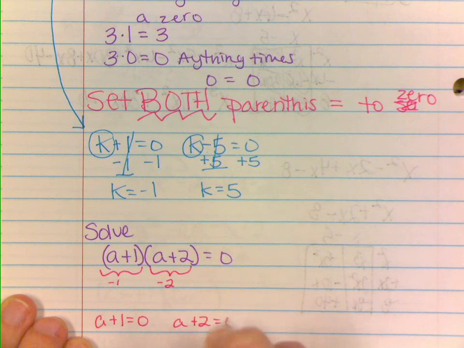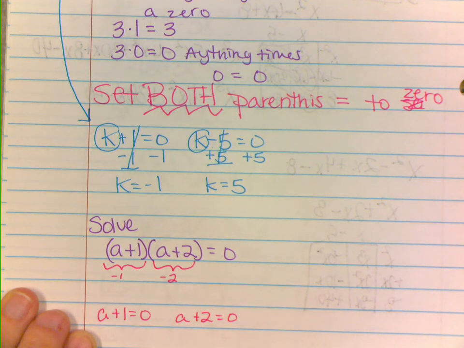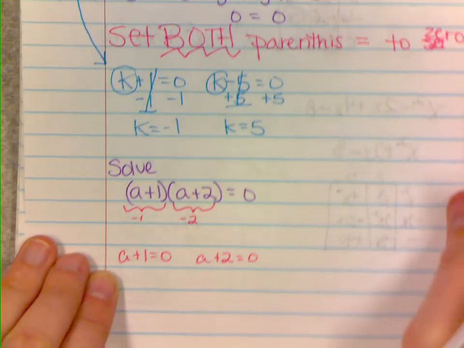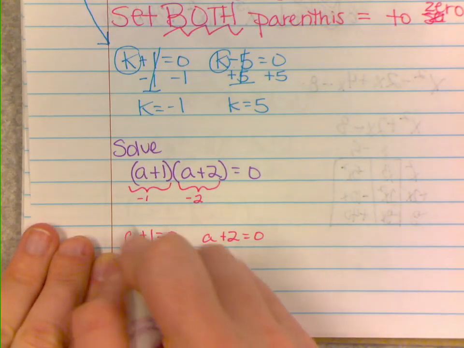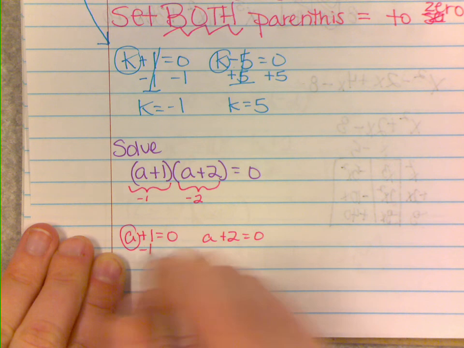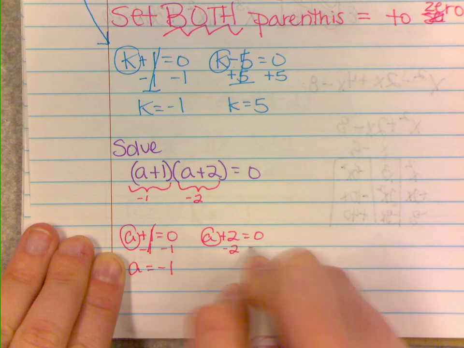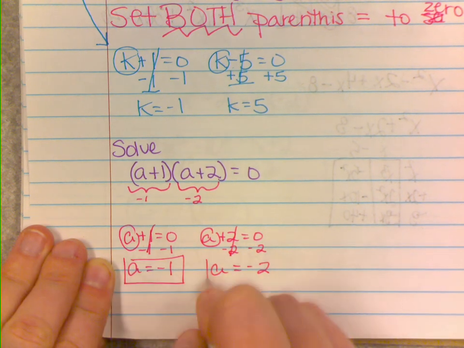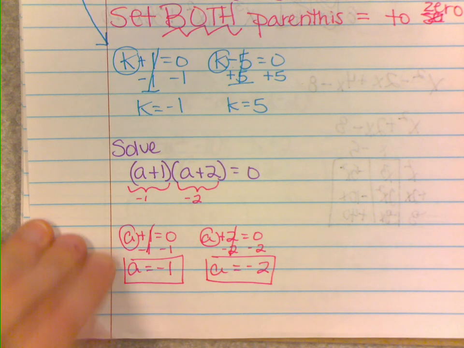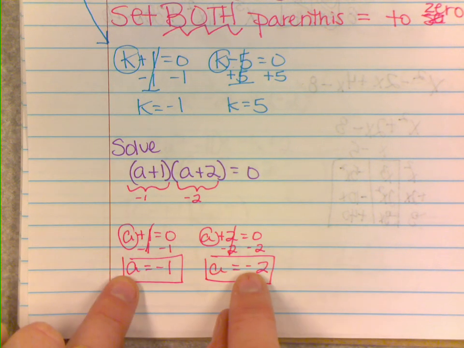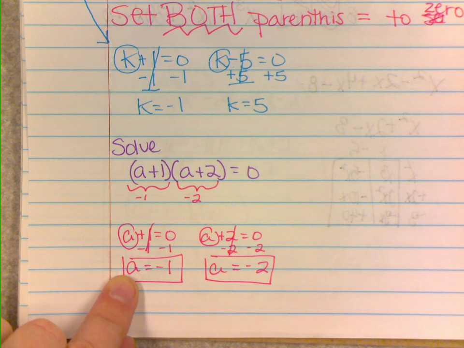They will get harder, so if you just learn to set them equal to 0, it will work every time. But I'm going to show you, it will get you the same answer. So what's the opposite of add 1? So a equals negative 1. What's the opposite of add 2? So a equals negative 2. Isn't that what we said? Any questions on that?